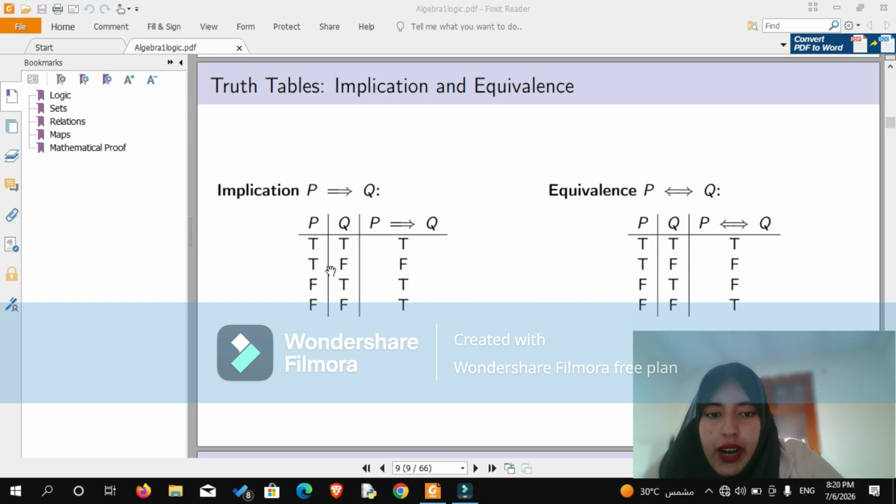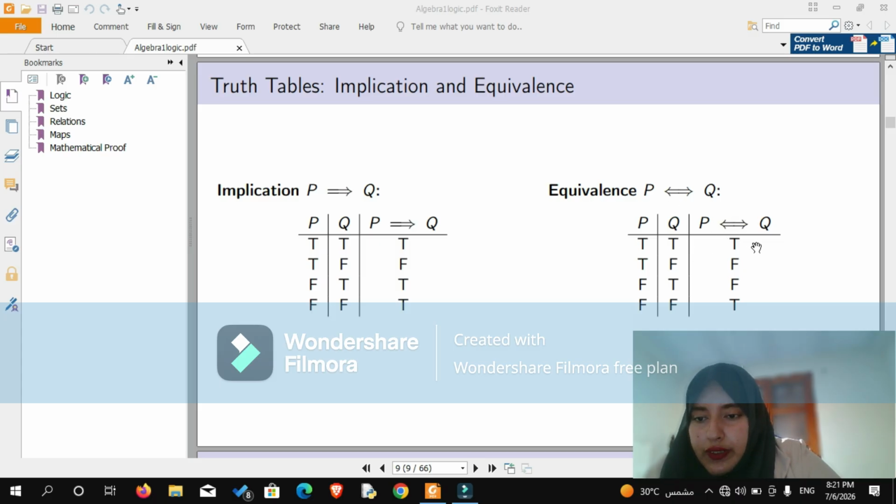P bar is false or Q is false, so it's false. P bar is true or Q is true, so the implication is true. P bar is true or Q is false, the implication is true because P bar is true.